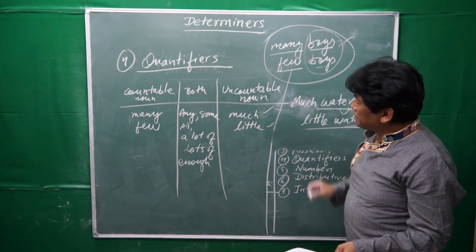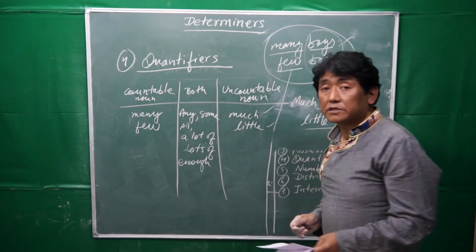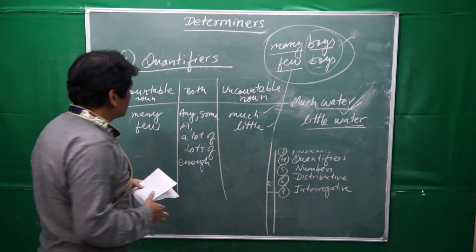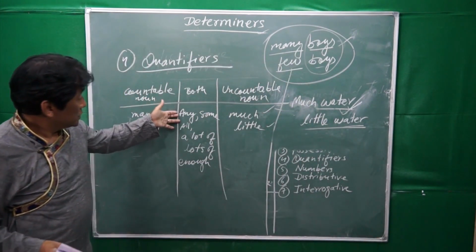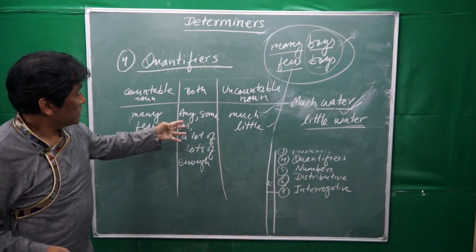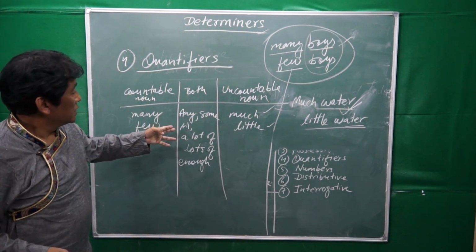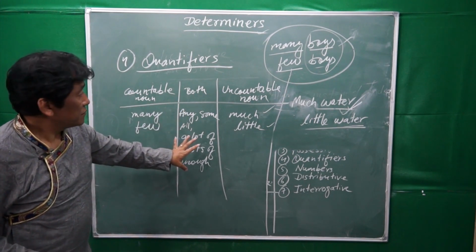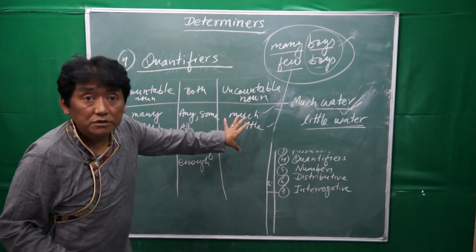Okay, now there are some nouns where we can take these determiners: any, some, all. These determiners can be in front of both countable and uncountable nouns.